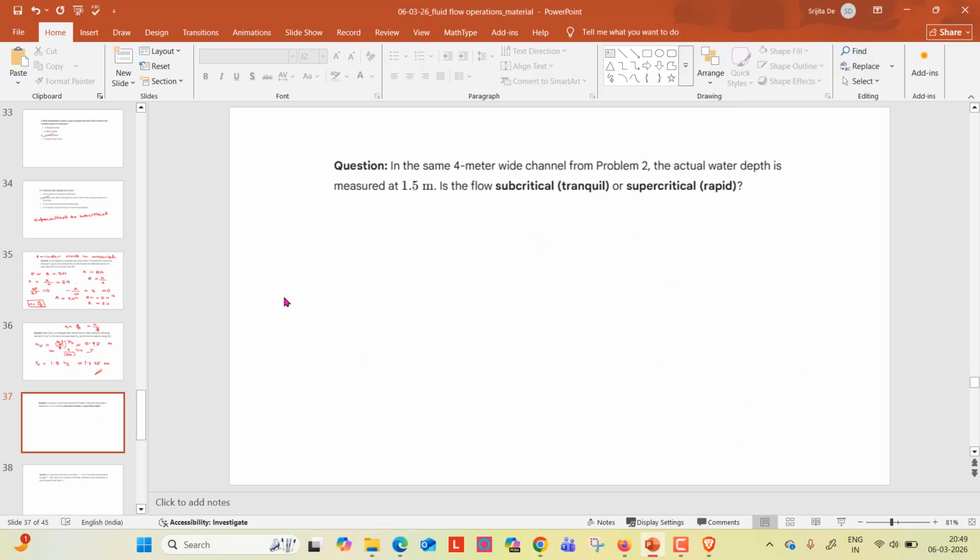So in the same channel of the previous problem, the actual water depth is measured at 1.5 meter. Is the flow subcritical or supercritical? So actual depth is 1.5 meter, critical depth is 0.97 meter.